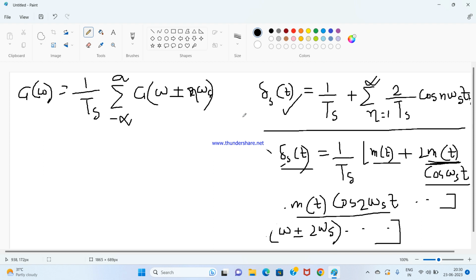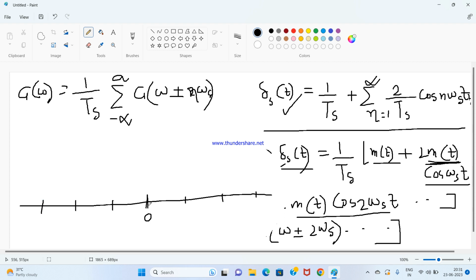Okay, these things will come. That means, in the frequency domain, if this is the frequency 0, then at every omega s the spectrum will exist.